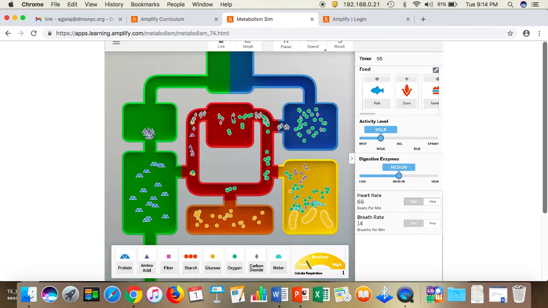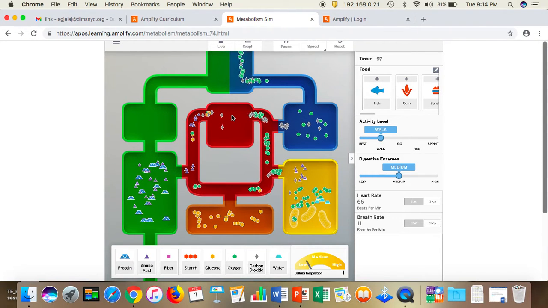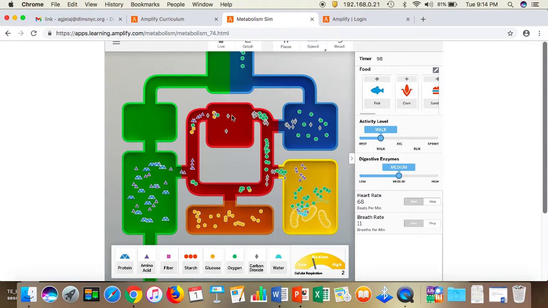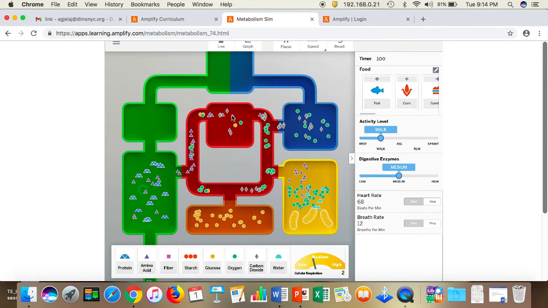Okay? So for this simulation, you'll have to complete activity 2, parts 1, 2, and 3. For part 1, you are going to answer the following questions. How does the simulation work? And what do you notice?